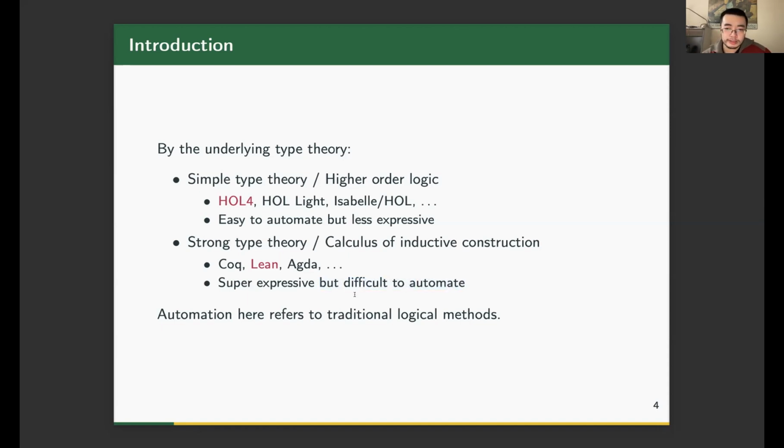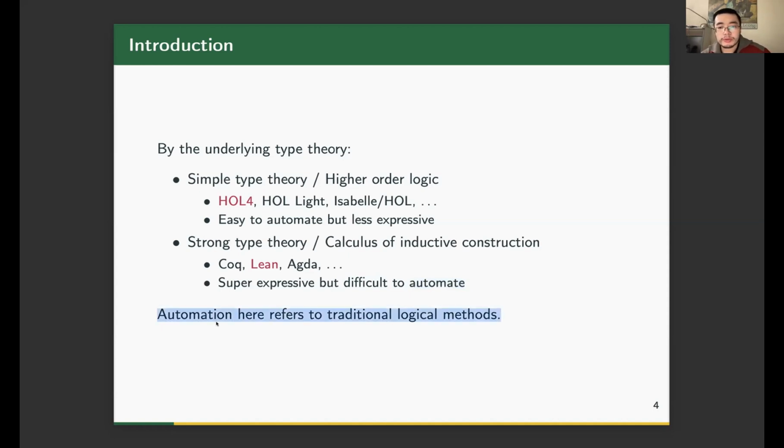So you cannot really do type inference, type checking, whatever. It's really difficult to write automation for that, because recall that what we mean by automation here is we need to construct the lambda terms for those things, and then do the type checking to make sure that the lambda term matches the type of the statement. But once we have a very strong type theory, this kind of automation becomes also difficult.